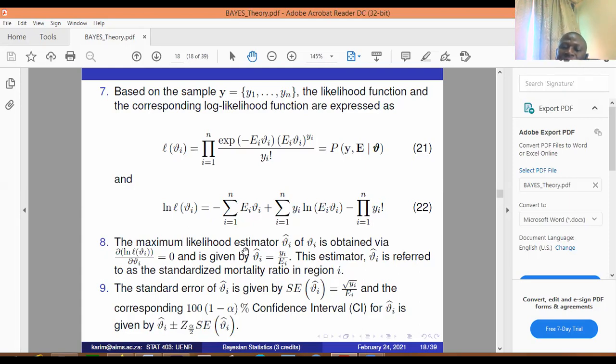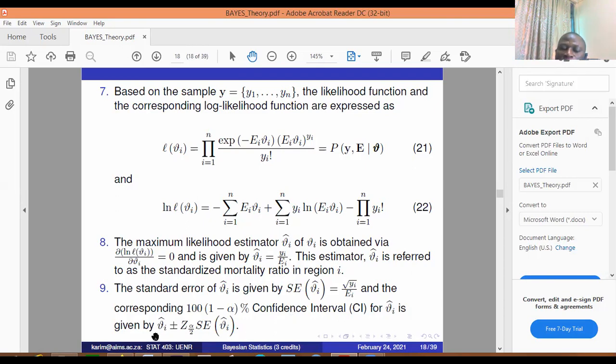If we want to get the standard error associated with this, that is simply going to be the square root of the number of disease cases in region I divided by the expected number of the disease in region I. We can also find the corresponding confidence interval associated with that.